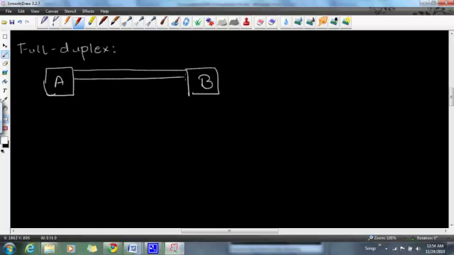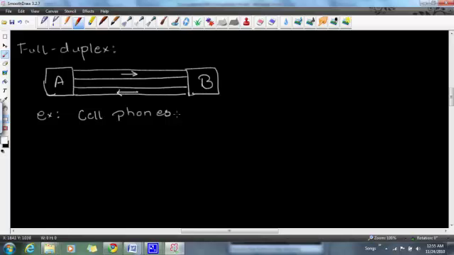This becomes possible because both the users use dedicated channels. So at the same point of time, user A can both send and receive data from user B, and user B can send and receive data from user A. An example of such type of communication is in cell phones, where both the parties can talk and listen at the same time.